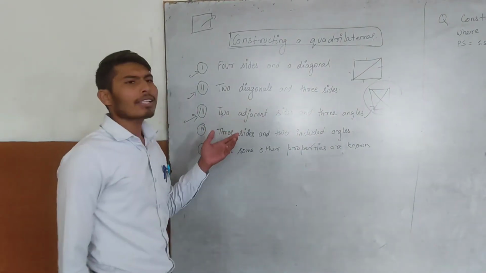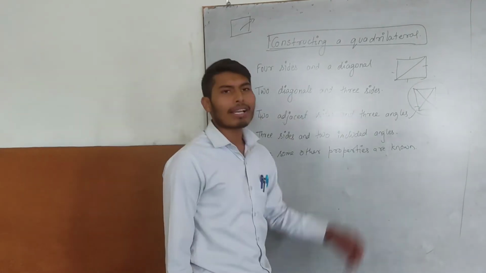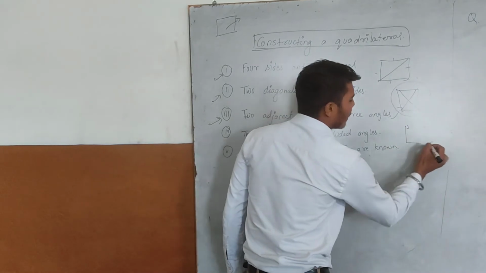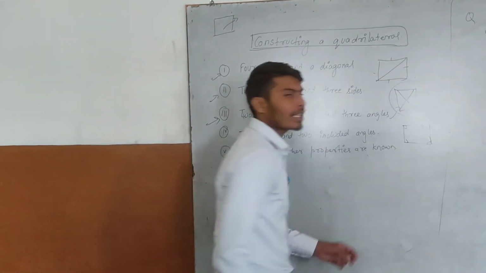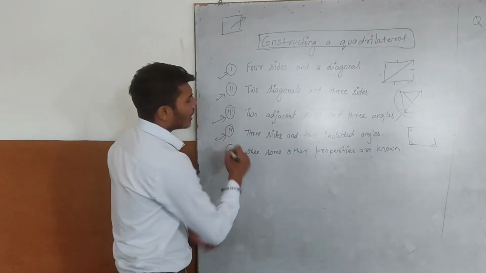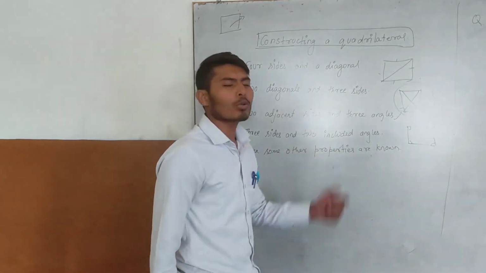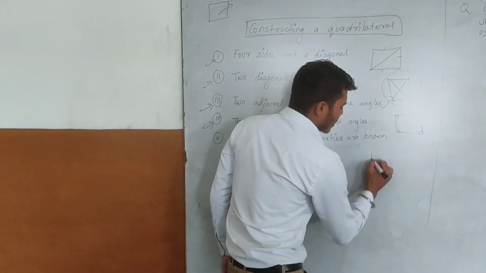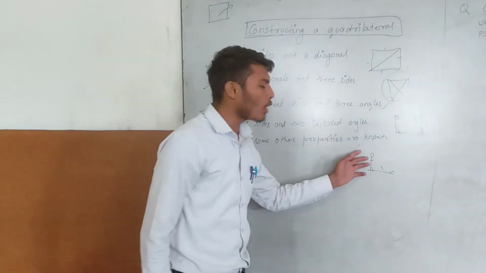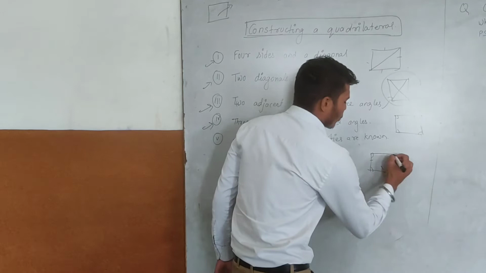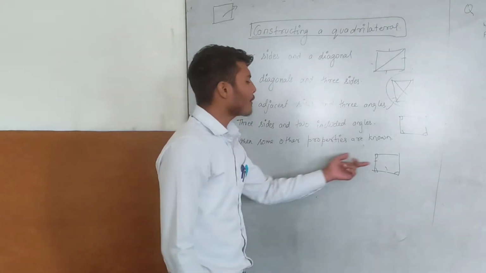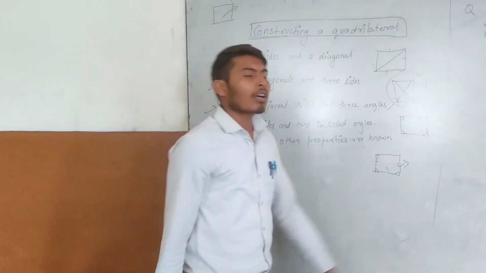Third condition, when two adjacent sides and three angles are given, we can easily draw the four sides using the compass and the protractor. And when three sides and two included angles are given, meaning the angles that come along with these sides, we can use the angle and the compass to draw the four sides and our quadrilateral will be ready.